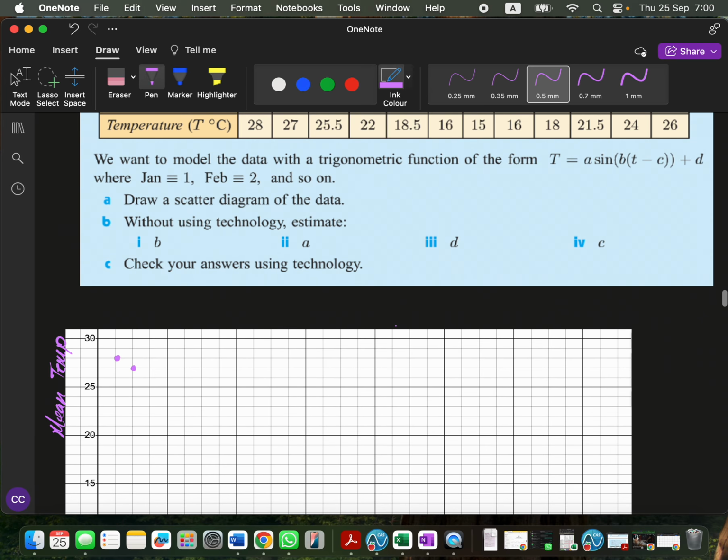March, 25 and a half, so right about there. 22 for April, 18 and a half for the next one, 16 for the next one, 15, 16, 18, 21 and a half puts me right about there, 24 for the next one, and 26 for the last one.